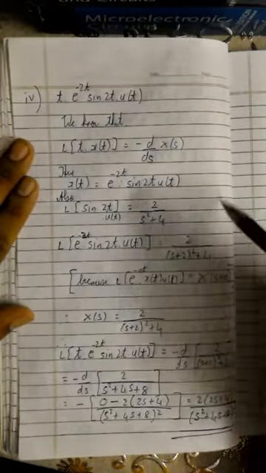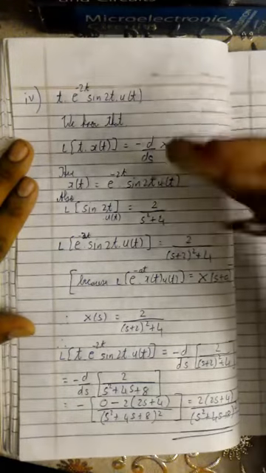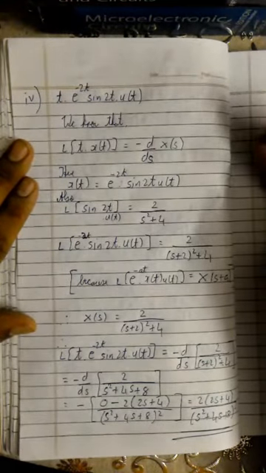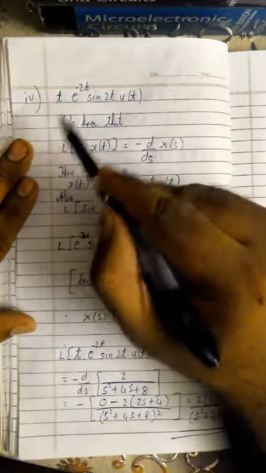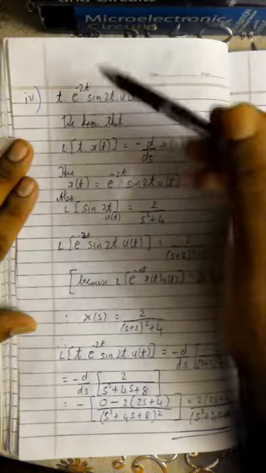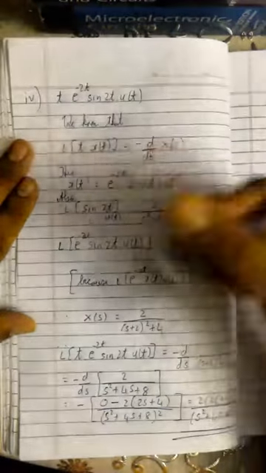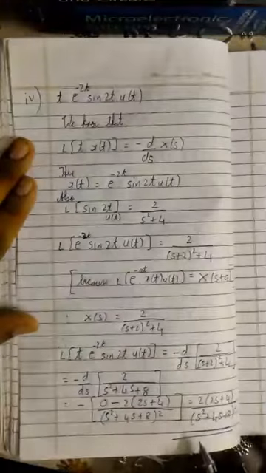There is another way of solving this question. Just assume that e raised to minus 2t is outside and t is inside. In that case, you differentiate first and then shift. I want you all to do it by that method and see if you get the correct answer.